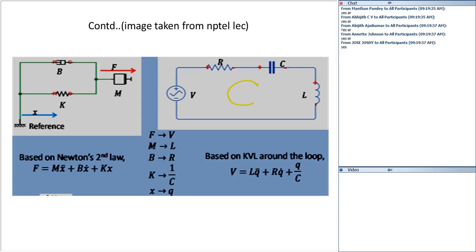If you have an analogous electrical system, you can apply whatever voltage you want and you can measure other variables of interest easily. So in a complex situation, with an analogous electrical system of a mechanical system, you will be able to study the behavior of the system easily.